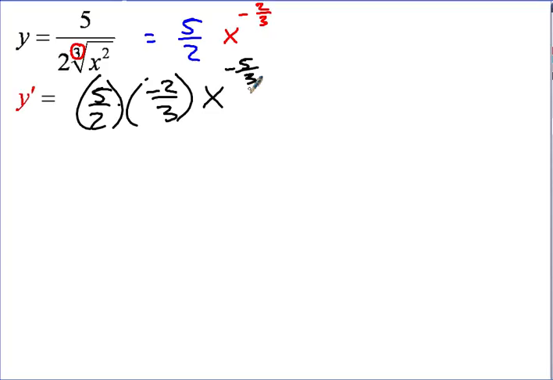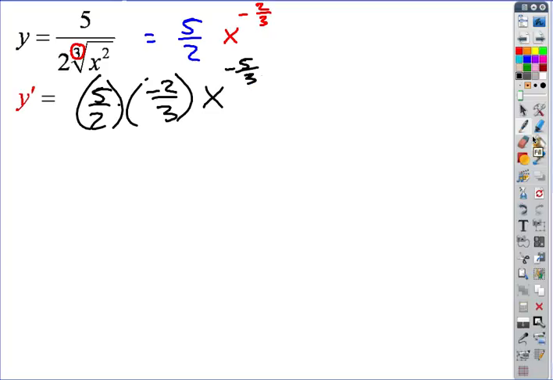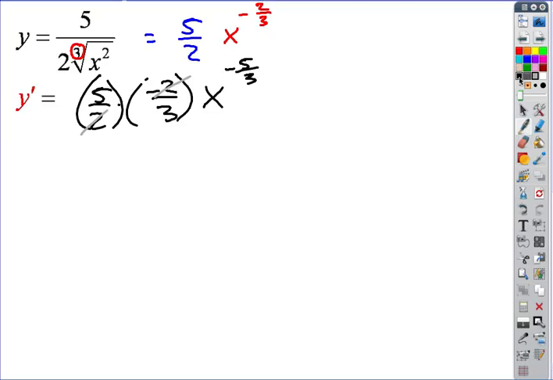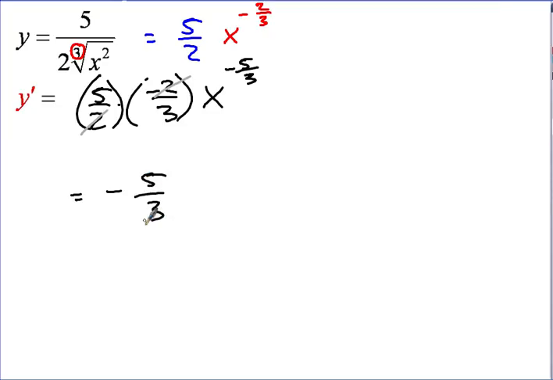So now we can do some stuff. We can simplify this a little bit, right? The 2's cancel, so I get a negative 5/3. There's our coefficient. And then x to the negative 5/3. How could I write that with no negative signs and with a radical?